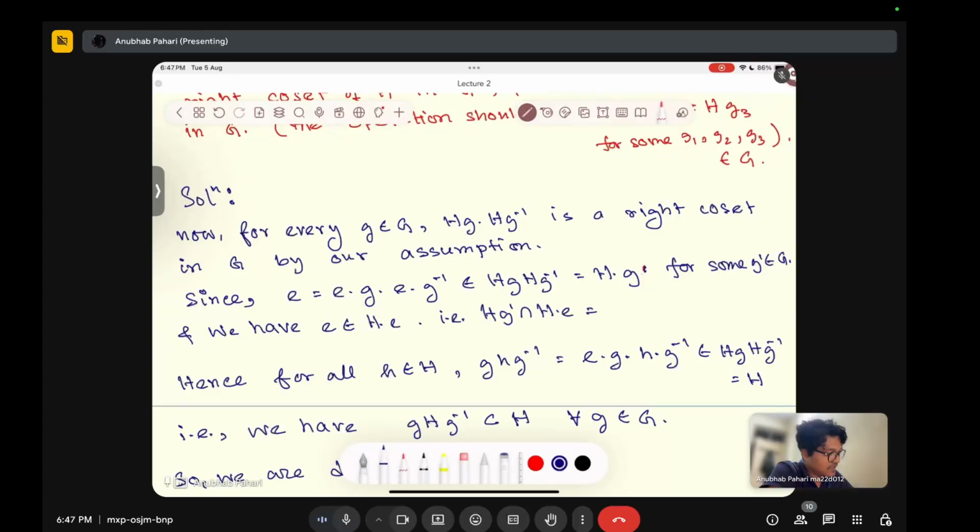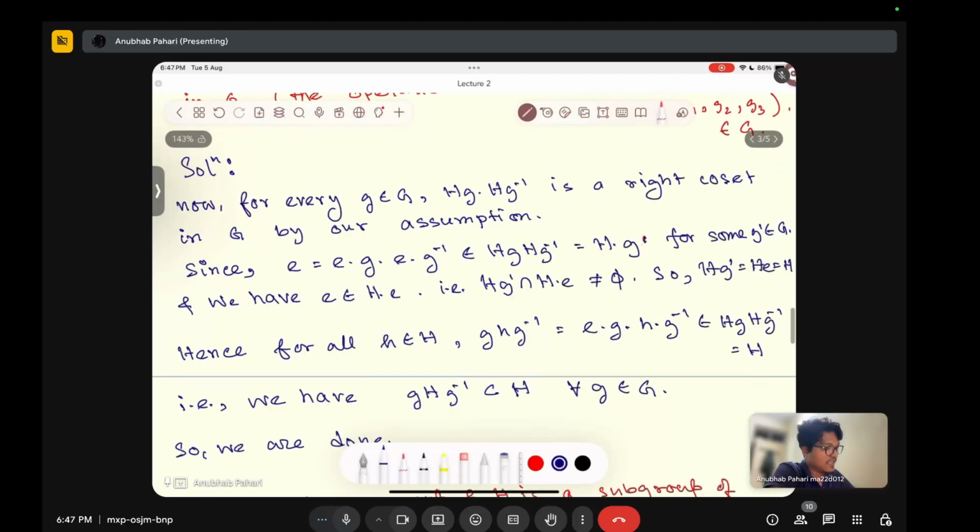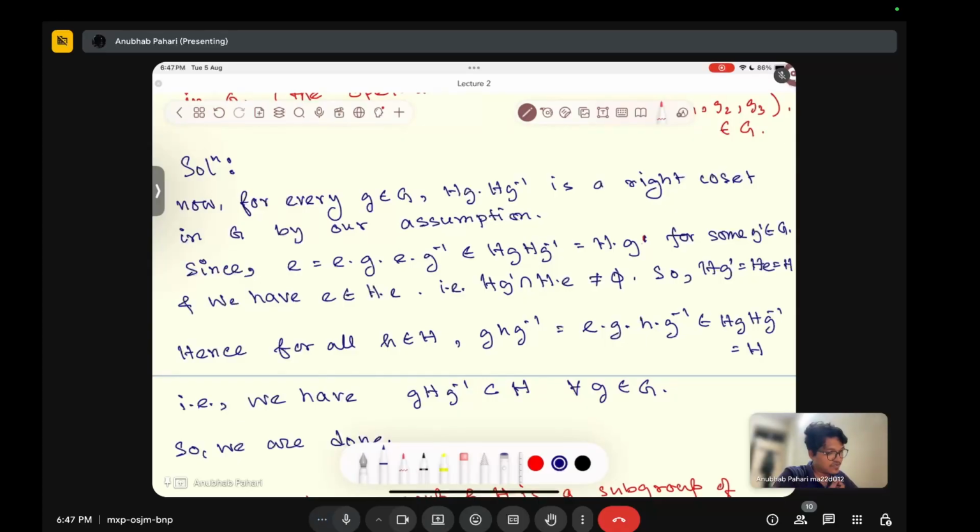Since Hg contains E, it is non-empty, so Hg dashed equals Hg equals H. From here we can proceed, and this also follows for Hg dashed equals H.